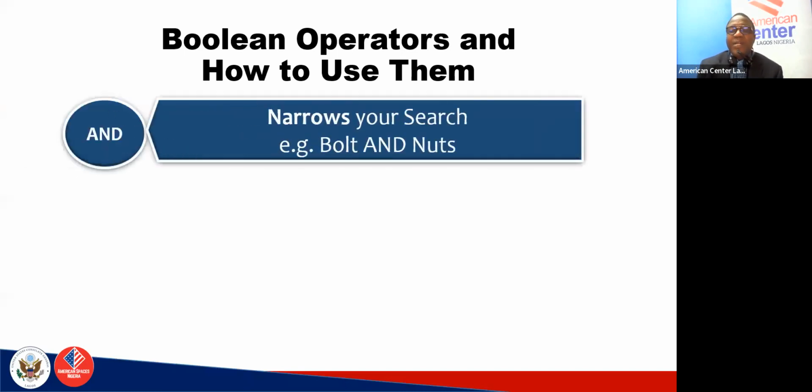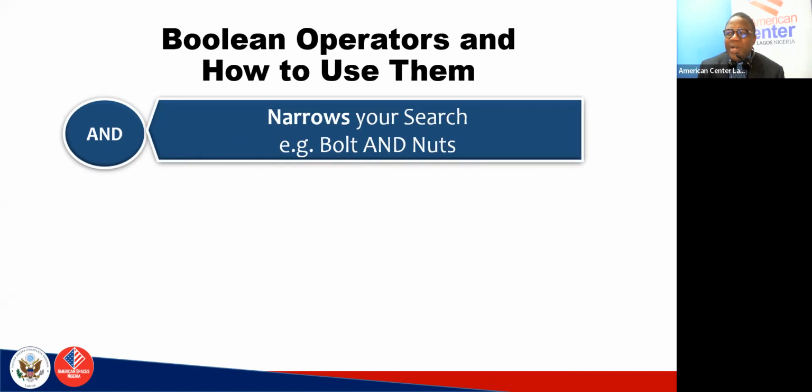Now, the Boolean operators are and. Let's say it together. Let's say and. And is an operator that is used to narrow your search.